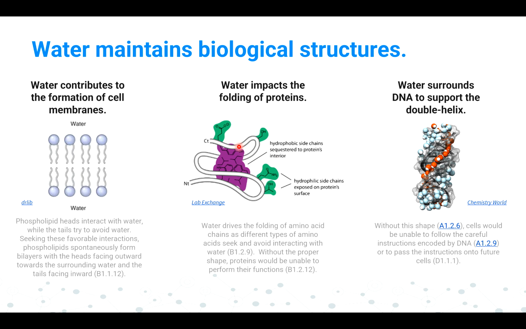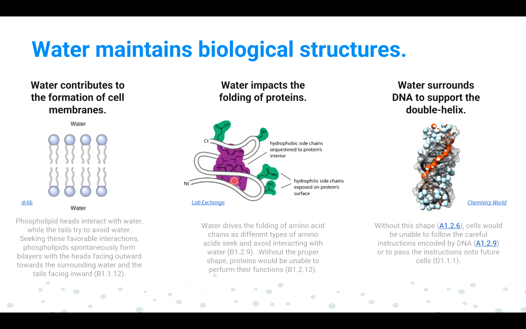If you see the folding of the enzyme or protein, right, that is also driven or controlled by water, because the hydrogen bond or any supportive bond which is present in the protein is maintained by water. So you can say water drives the folding of the amino acid chain, right?